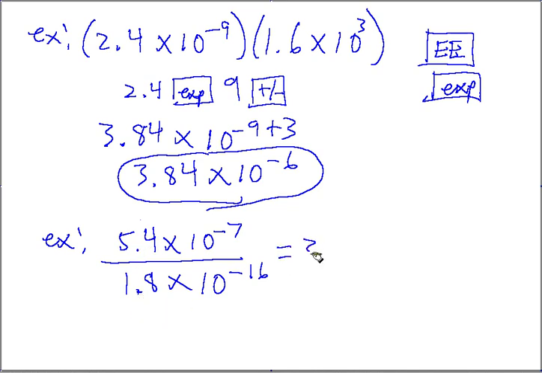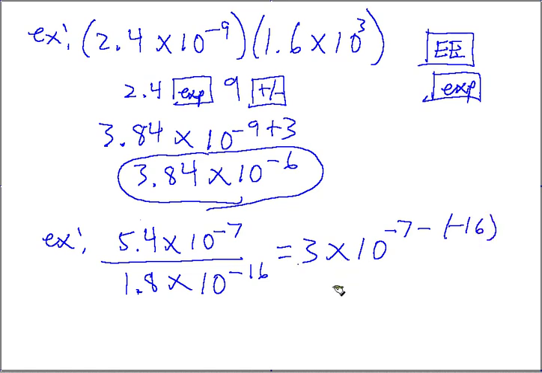So that's going to be 3 times 10 to the, well, how do I divide two exponential expressions? Instead of multiplying, where we add exponents, here we subtract exponents. So 10 to the negative 7 minus negative 16.